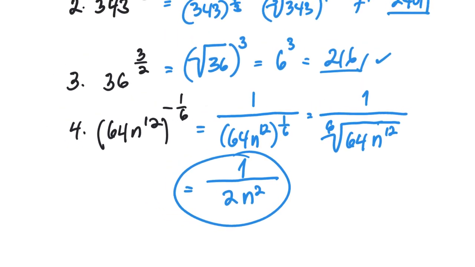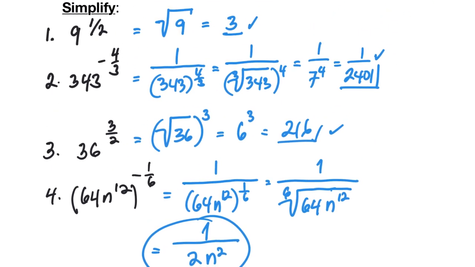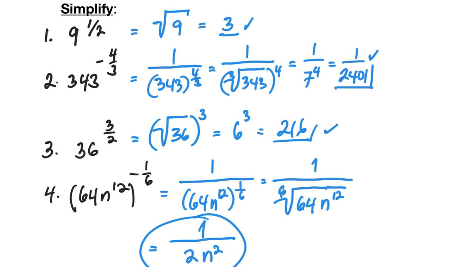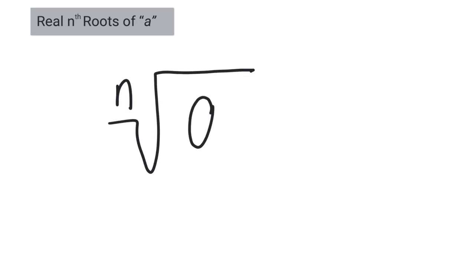Okay, so I hope you understand these simple practices in our lesson today. To understand clearly about real nth roots of a, I would like to bring you back to your basic lessons of radicals and its parts. So the nth root of a is actually what you call a radical. So let's look at its parts.